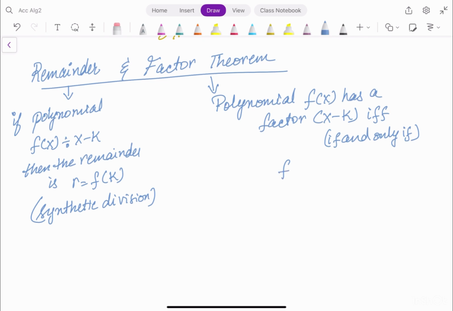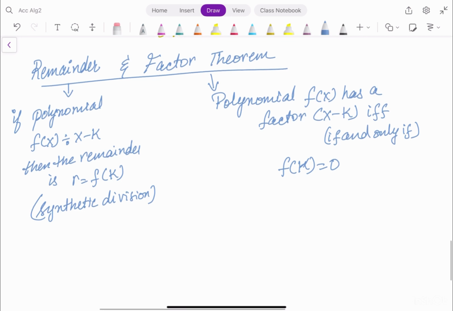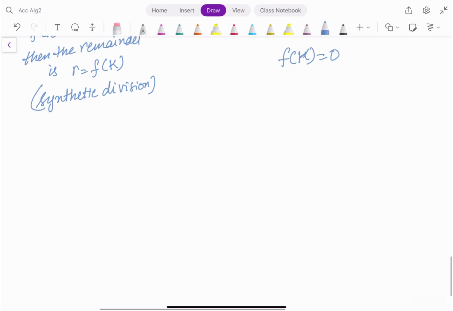So if you remember when we did the synthetic division, the last term generated the remainder as 0. This is what they are talking about. So if f of k generates the last term as 0, then only x minus k will be a factor of the polynomial function. So let's try one question for each and understand it.